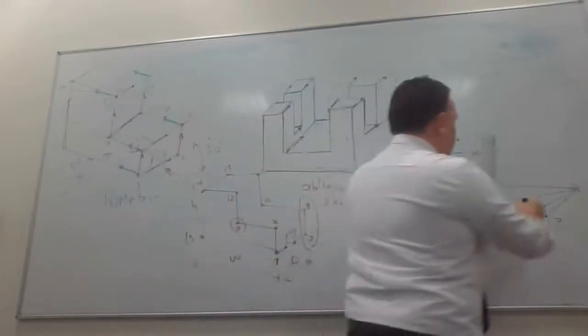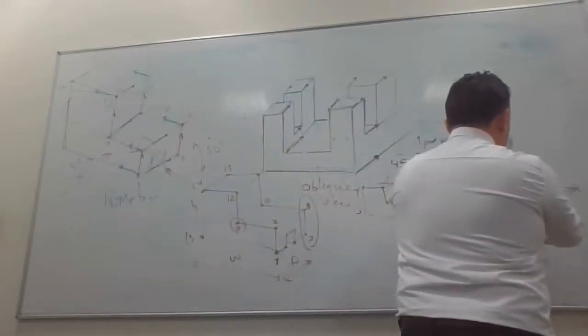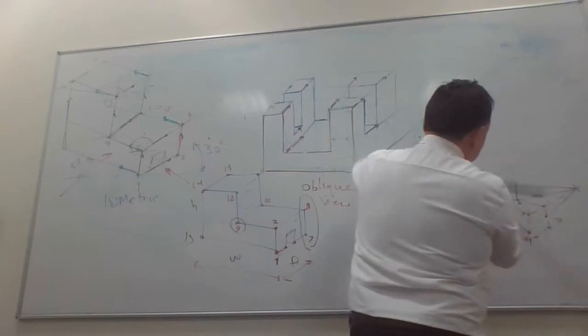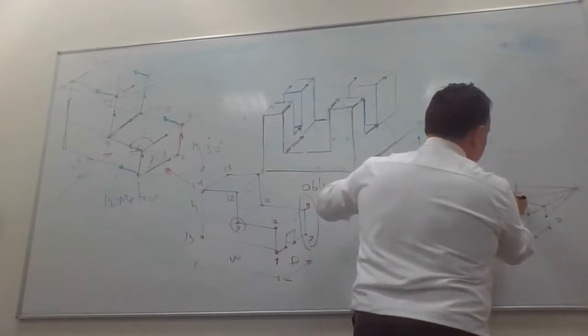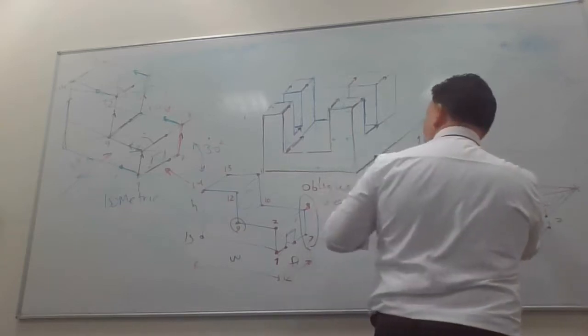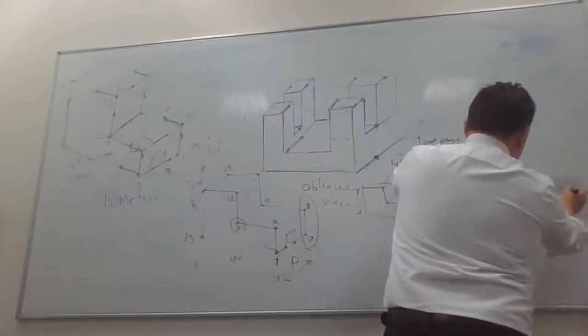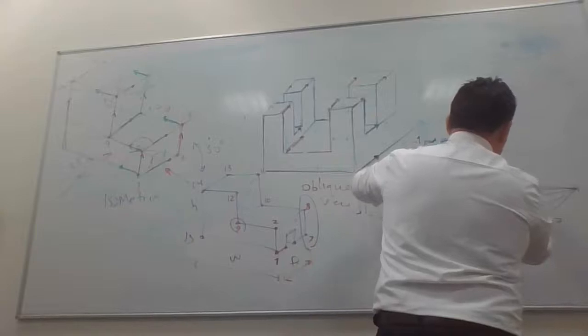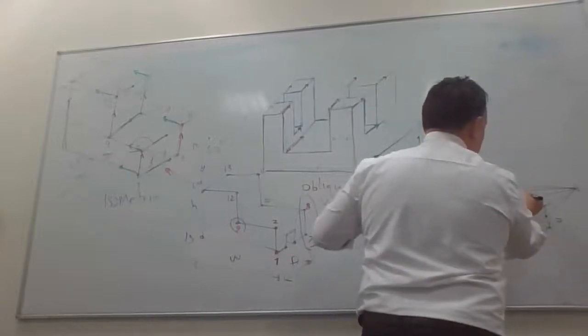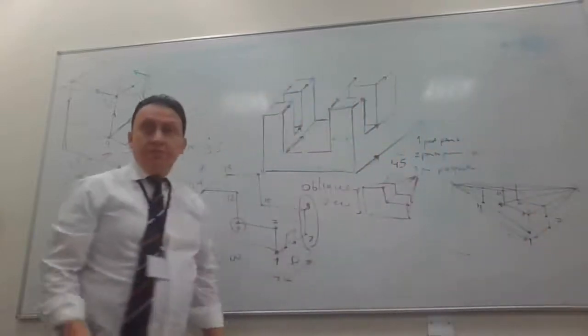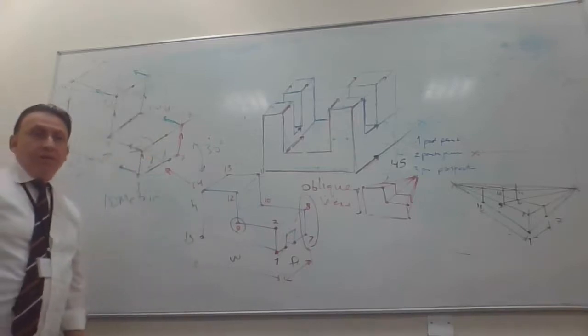See? Do like this. We have this one 12, and this one 11. By just doing like this, see? You have to intersect. So this is our shape.